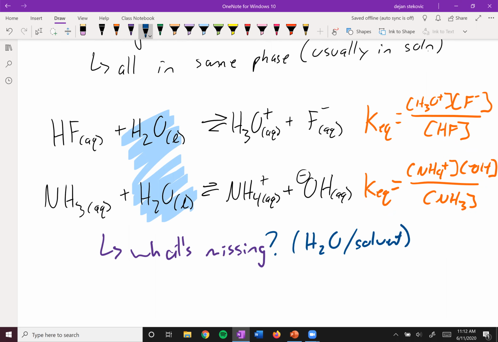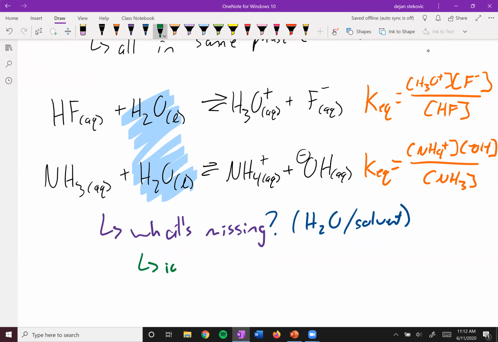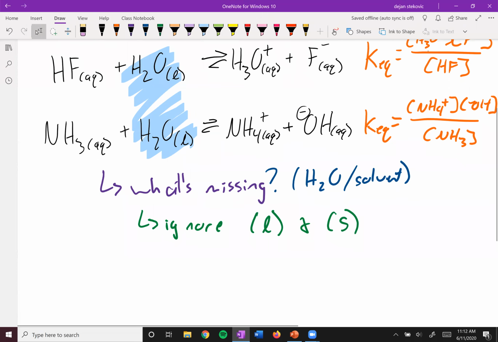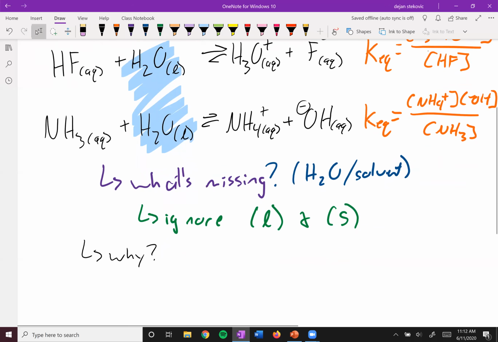And so here's a rule when we're writing these equilibrium constants: we ignore liquids and solids. So we only have aqueous stuff or gases in our equilibrium constant. The real reason why is pretty complicated, because these aren't actually concentrations, they're what's known as activities.